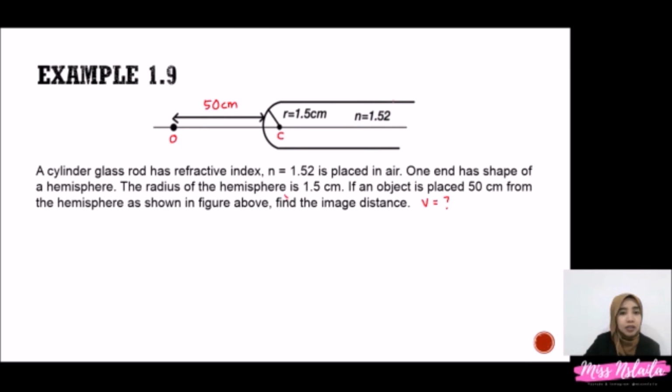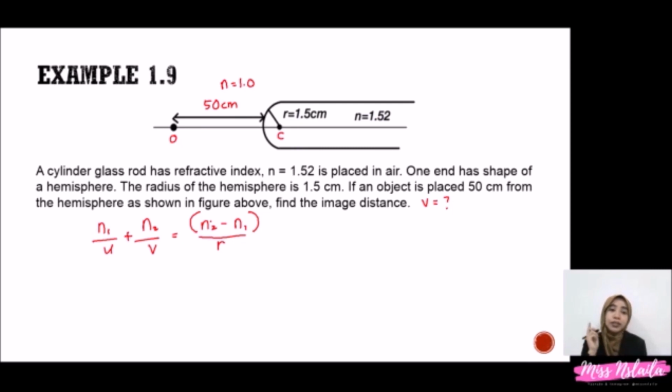Since this glass rod has been labeled as n equal to 1.52, this medium will be the air, which is 1.0. To solve for the image distance, we can apply the spherical refracting surface equation, which is n1 over u plus n2 over v equal to, in bracket, n2 minus n1 divided by r.